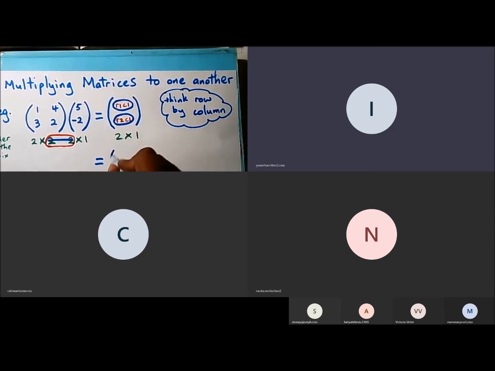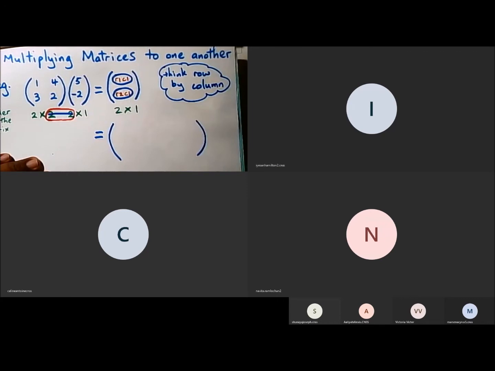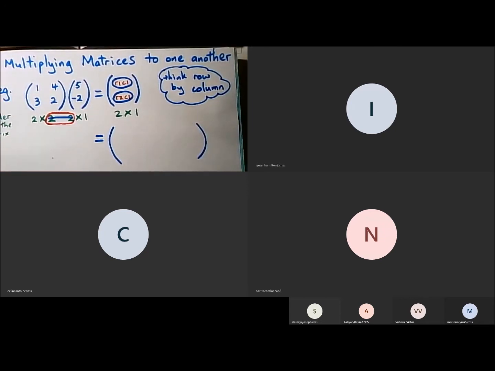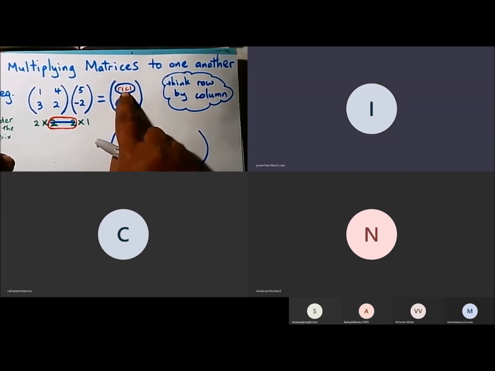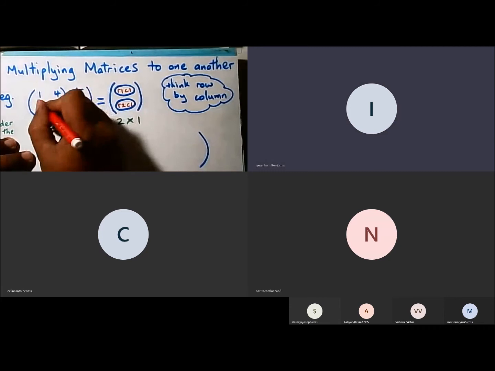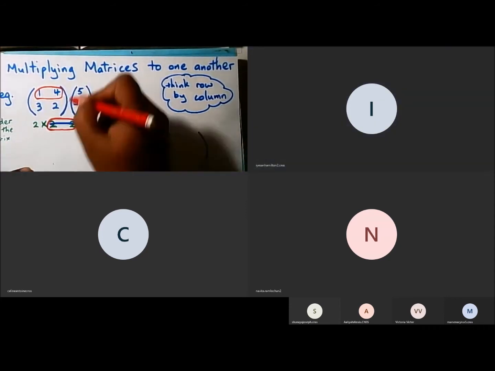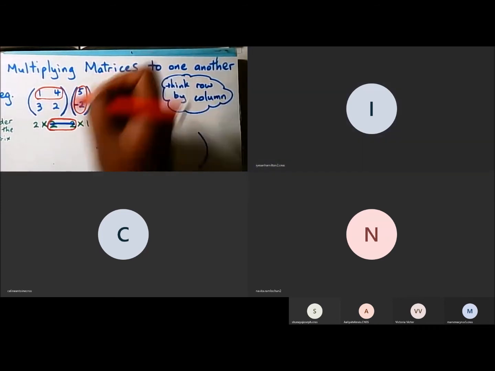I'm going to write the calculation for the answer here. I'm making a very big space so that I could explain what I'm doing. To get this answer here, I need to multiply the first row to the first column of the next matrix.